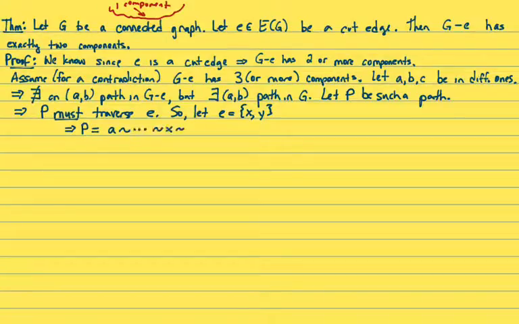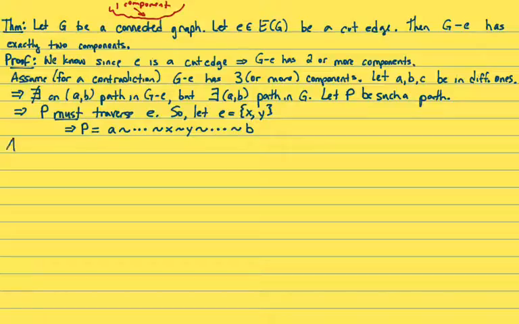That means P is a path that starts at A, goes across a series of vertices, but crosses the edge XY. Here's the edge XY, and it keeps walking until you get to B. Now, it's a path, so nothing is going to repeat itself, but let's call that P. Notice if we then remove XY, we're claiming there is no path from A to B, because A and B are in different components of G minus E.